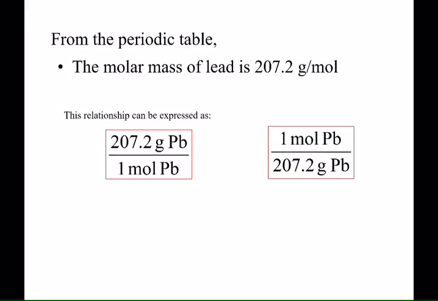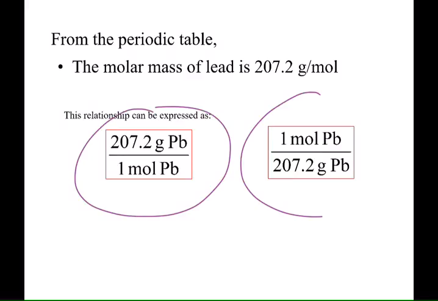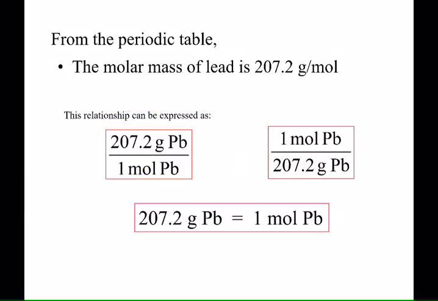Again, working problems, I should never see the 207.2 g/mol in a problem. I should see it unpacked like this or flipped like this. Again, we're going to use this one if we want moles to cancel, be left with grams. We're going to use this one if we want grams to cancel, be left with moles. We could also flatten it out and it looks like this. That's a physical property of the element lead.